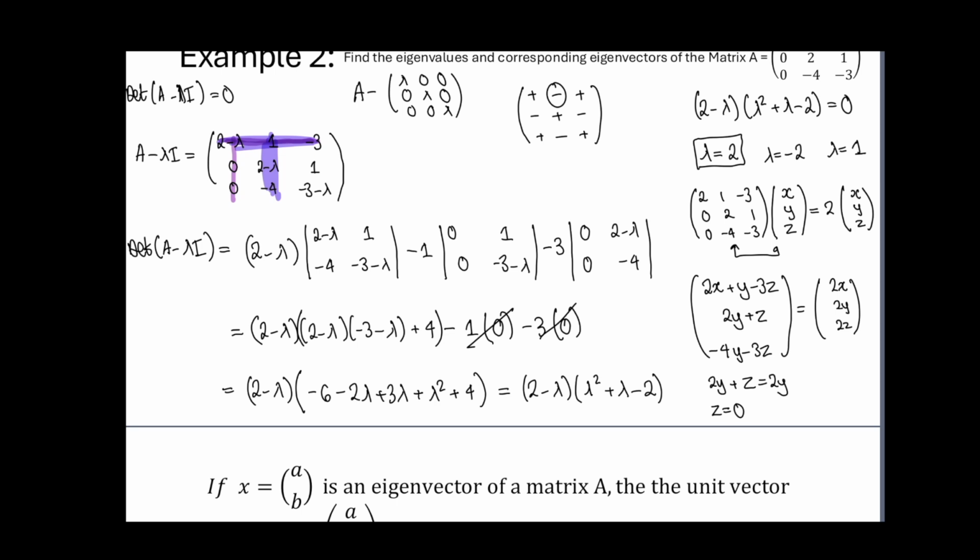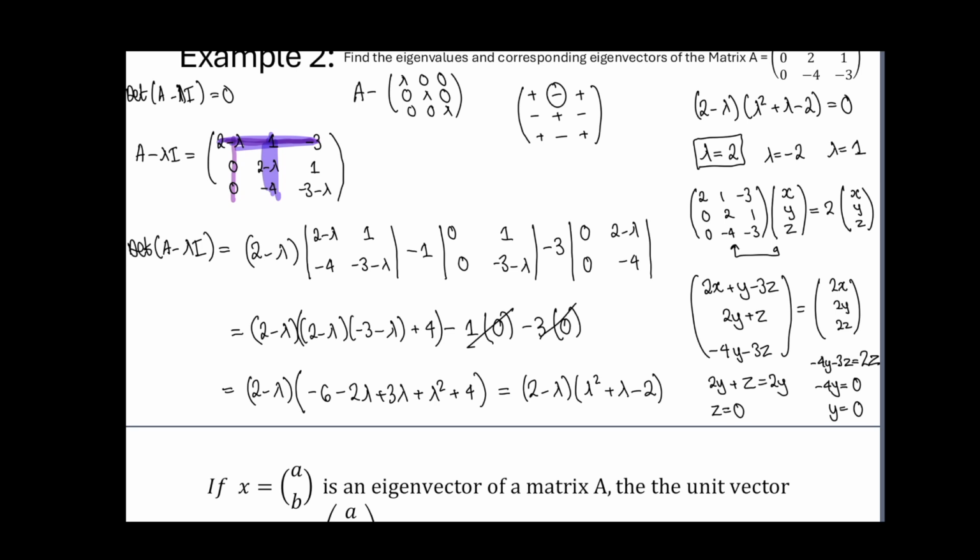If I now use z is equal to 0 in the bottom row, we get minus 4y minus 3z is equal to 2z. So minus 4y is equal to 0, so y is also equal to 0. And now if I substitute z is equal to 0 and y is equal to 0 into the top row, we have 2x is equal to 2x.